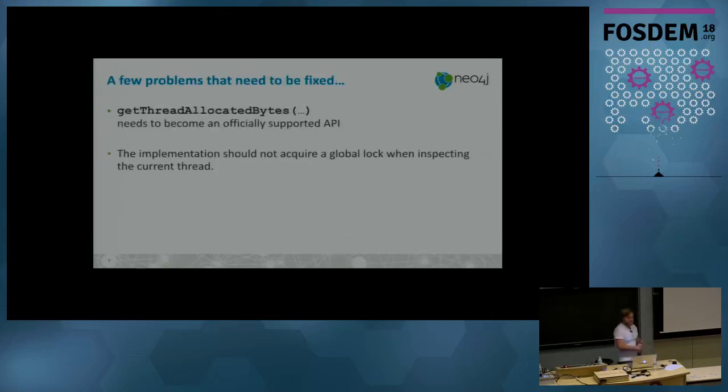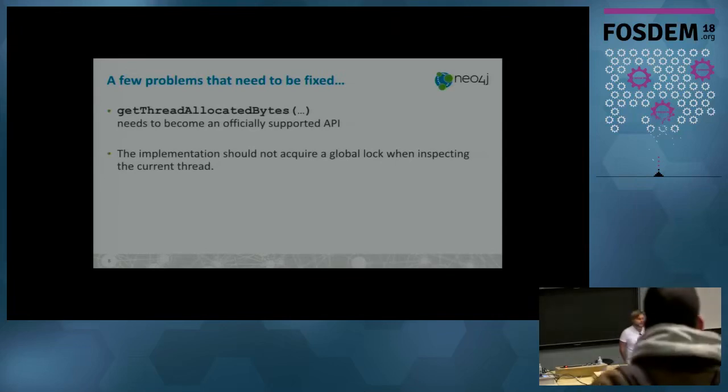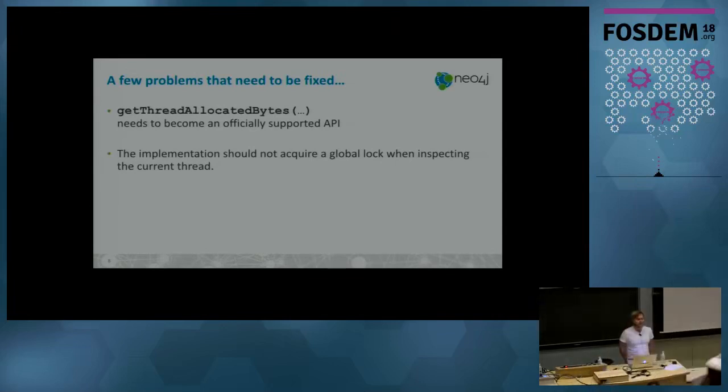Unfortunately, this method has a problem. First of all, obviously it's not a public API, so it's not officially supported. I'd love it if it could be. And in the process of making it officially supported, I'd love it if it also didn't require acquiring a global lock in the implementation for getting the allocated bytes for the current thread, which technically it shouldn't need to.